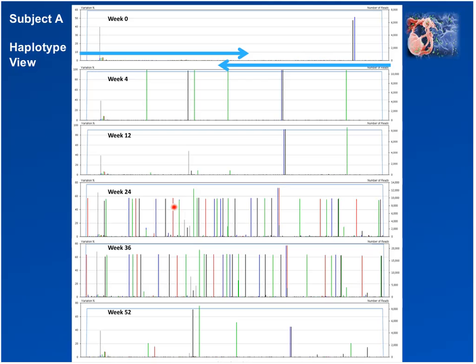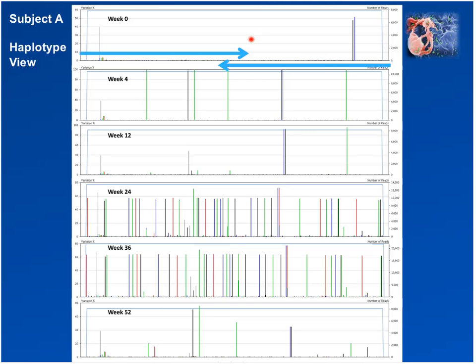That means that there's a population of virus, particularly I'm looking at the data for week 24 here. 60% of the virus in this individual has this particular haplotype, which is different from the virus at week 0, while there are some virions that have some of the other variants that have shown up in previous time points, and then the remainder match the reference at week 0.